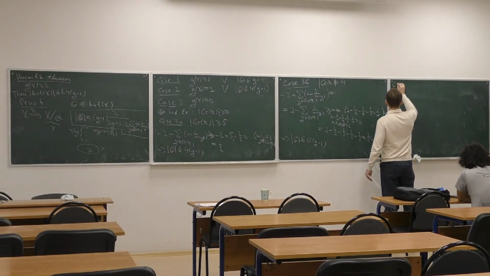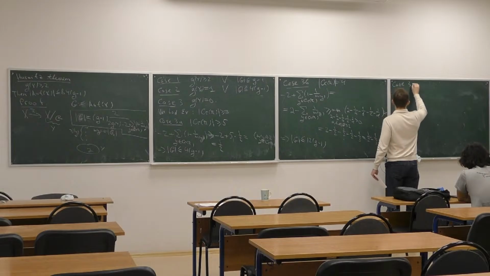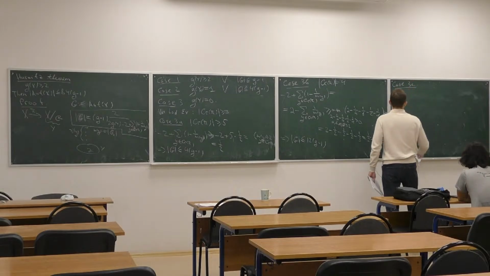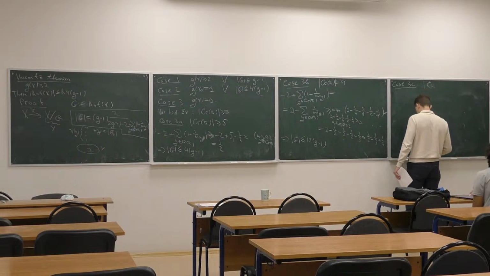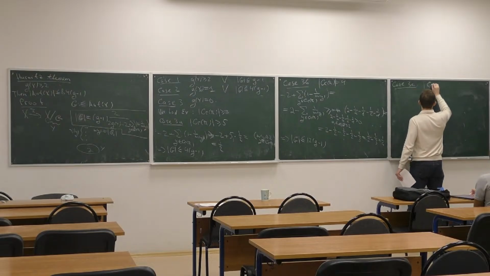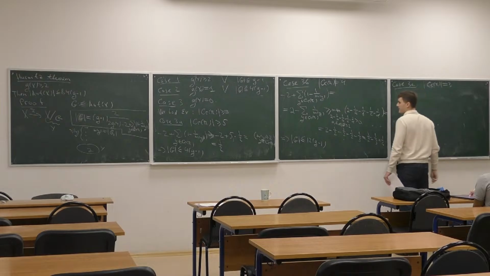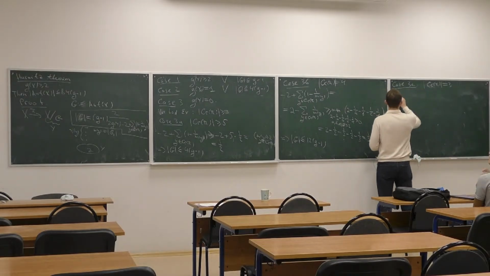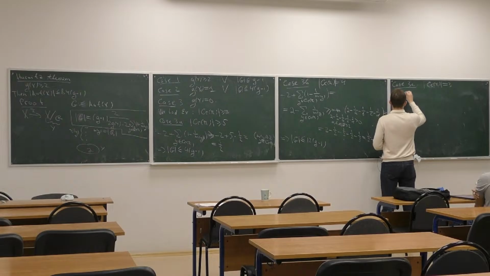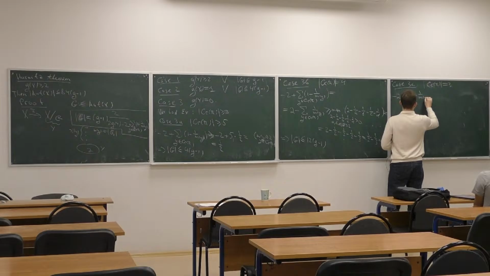Yes, the case 3c, when the number of critical points is exactly 3. Okay, then you have to write then minus 2 plus the sum of 1 minus 1 over m of y.